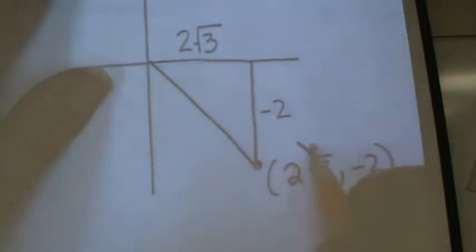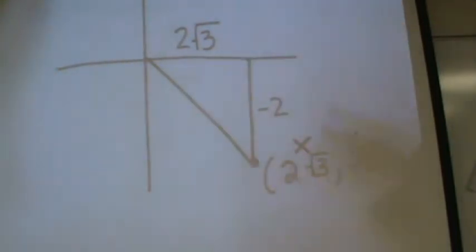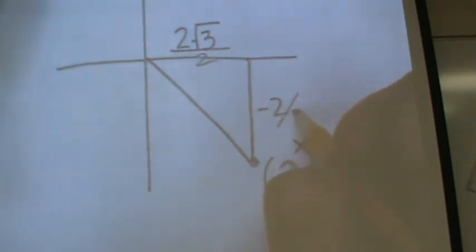So this is the x value and that's the y value. Now, I don't like these numbers, so I'm going to divide them both by 2. And you get, this side would be root 3, so here's your triangle now. This is root 3 and this is negative 1.